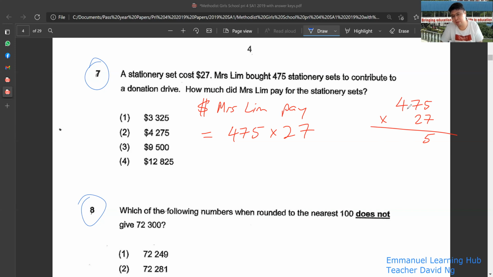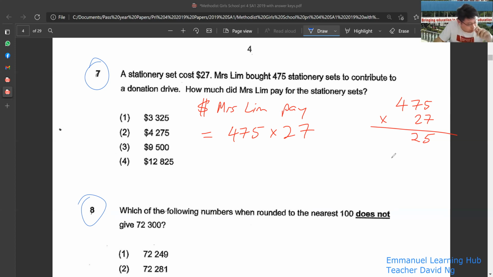Then you need to add 3. 49 add 3 will give you 52. So I write the 2 here, and the 5 here, but imagine there's a 5 here.